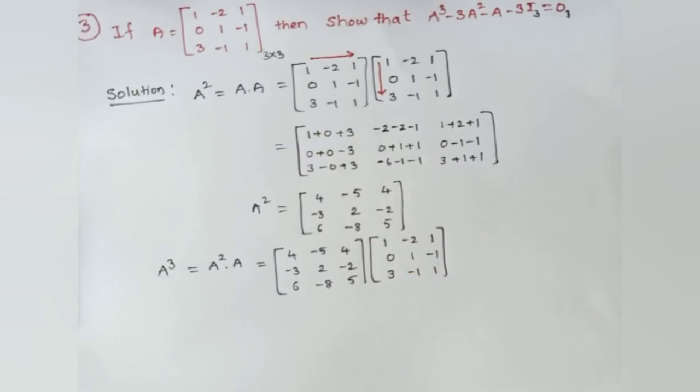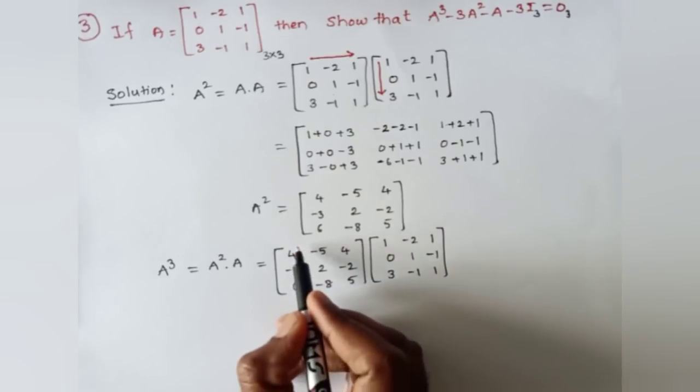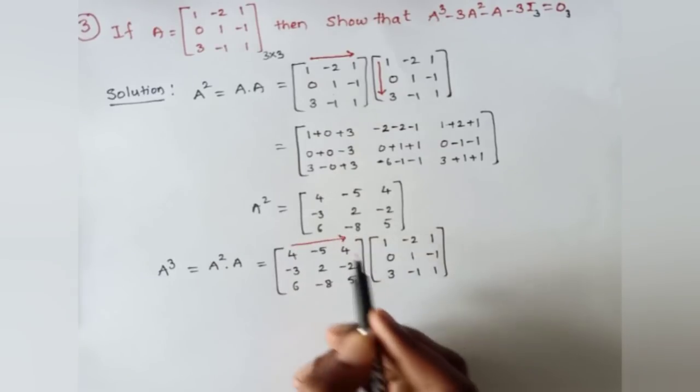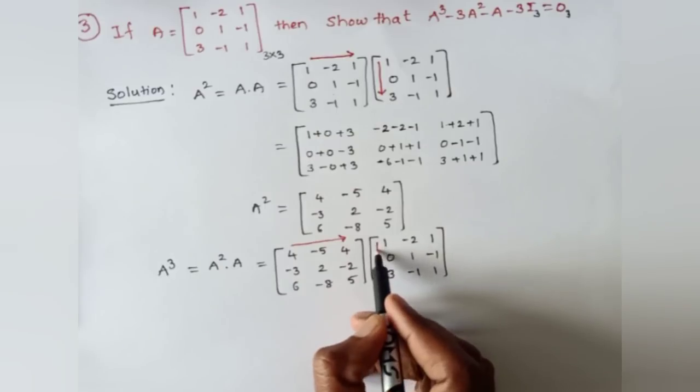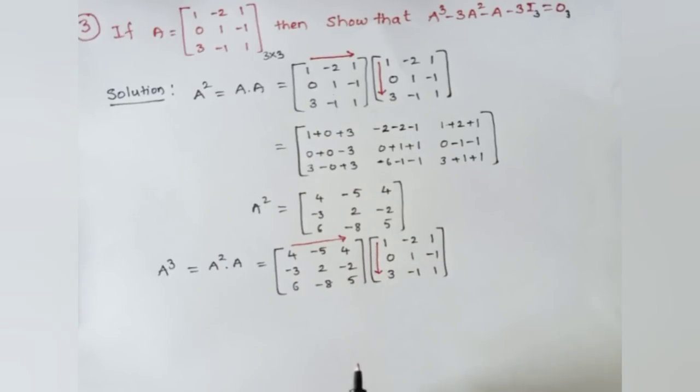In the similar way, multiply. To get the A cube value, you need to multiply the corresponding row elements of this matrix with the corresponding elements of the columns of this matrix.